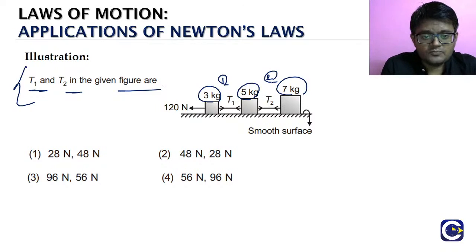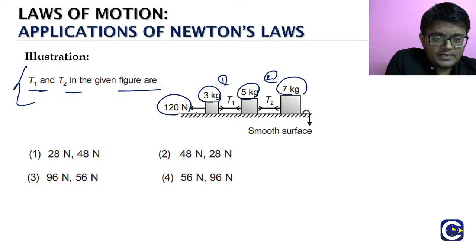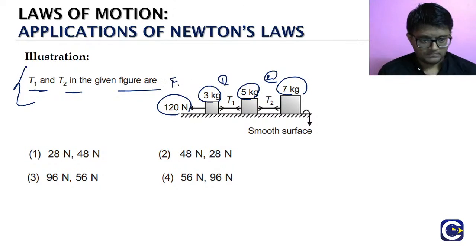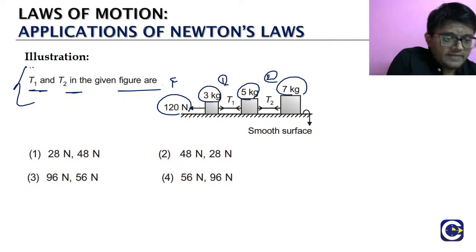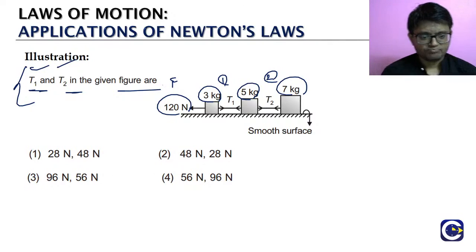All the surfaces are smooth. The force applied on this side is 120 newtons, this is F. From this we have to find what T1 and T2 values are. You have to tell me T1 and T2.